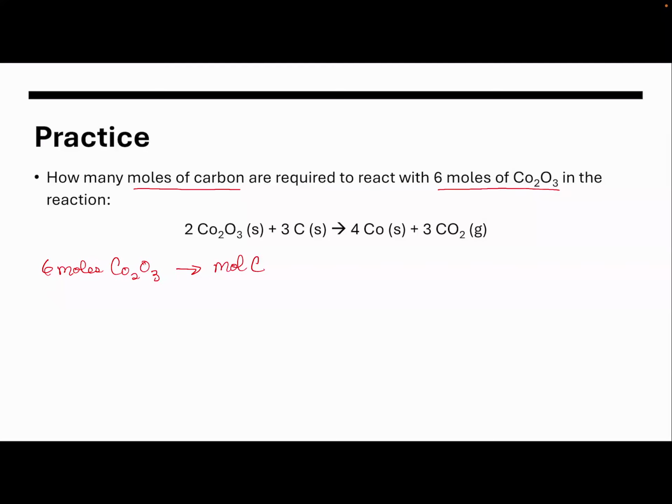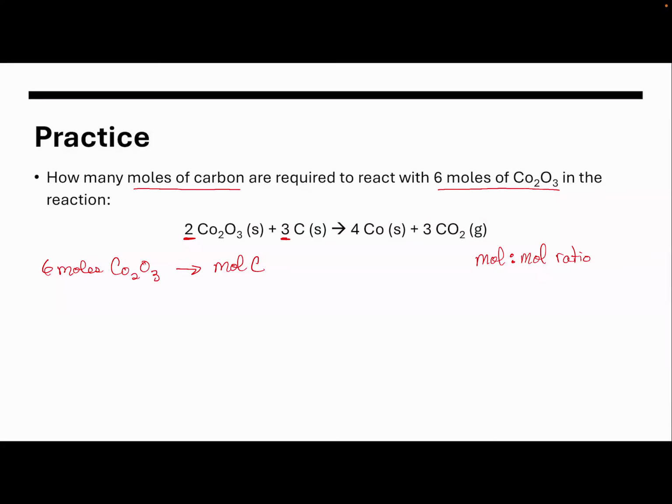Because cobalt-3 oxide and carbon have different formulas, the only acceptable way to convert between these two is going to be a mole-to-mole ratio. Now, when you're talking about a balanced chemical equation, the mole-to-mole ratio comes from the coefficients of the balanced chemical equation.